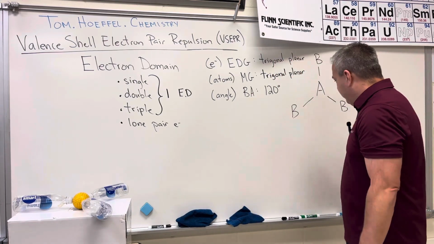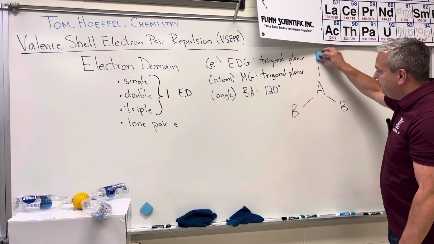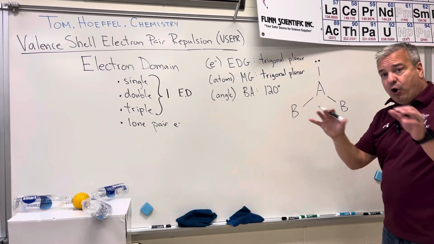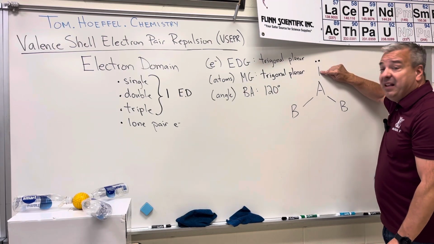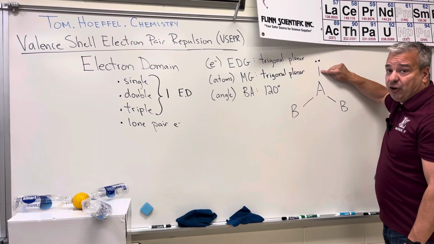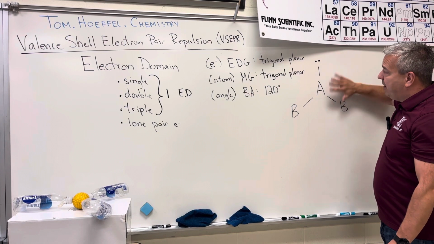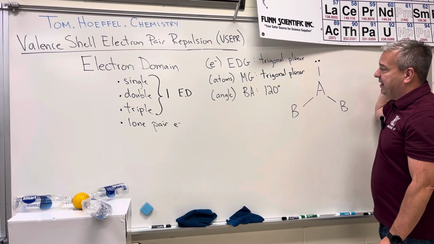So what I'm going to do here is change one of these domains to be a lone pair. Okay, now I want to go back and talk about how we counted electron domains. I want to remind you, this is no longer a bond. In fact, this is just trying to show the geometry a little bit. So what I have drawn up here and this mean the same thing. So if I just had two dots up here, that would be the same thing as this.